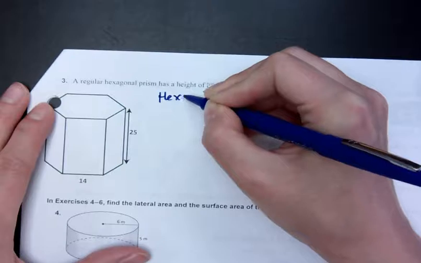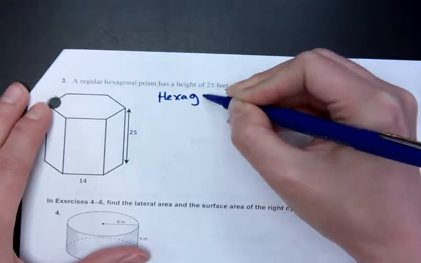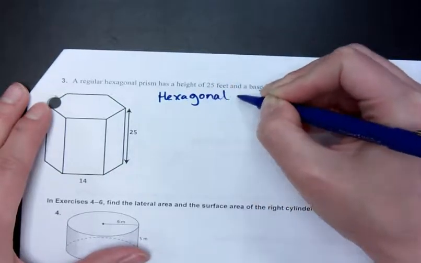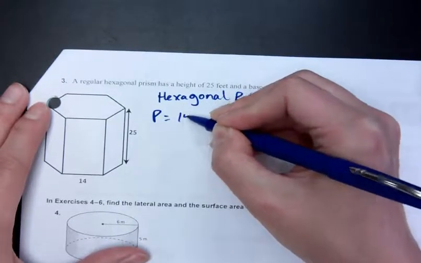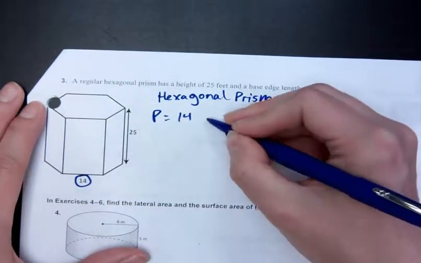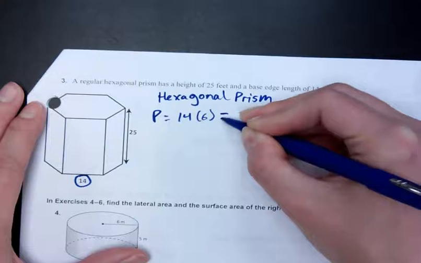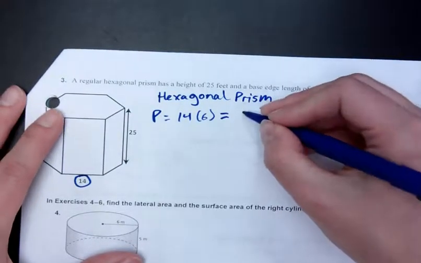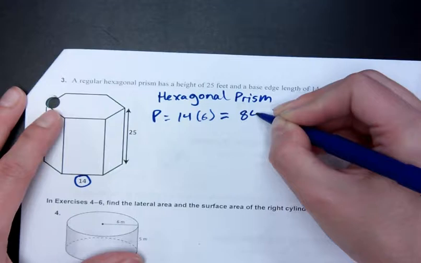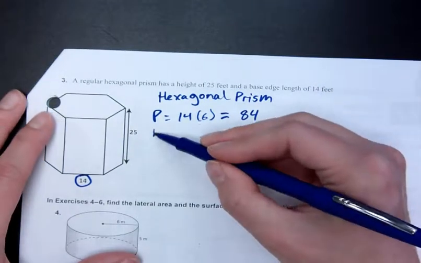The hexagon. All right, and what is the perimeter of the hexagon? 14 times 6. So perimeter equals 14, the side that they gave us, times 6 because it's 6 sides, which equals what? 84. All right, what's our height?